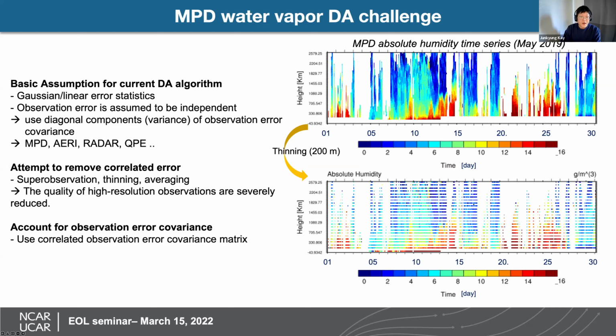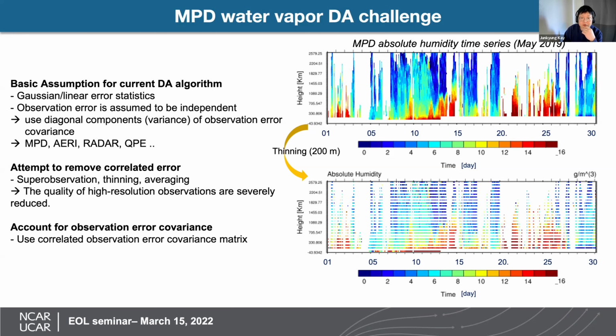So we conduct thinning or averaging of the data. For example, in the right figure, the upper panel shows the original raw data of MPD, the time-height cross section. The raw data shows very detailed structure of MPD.